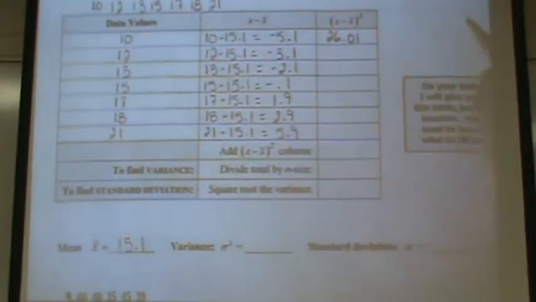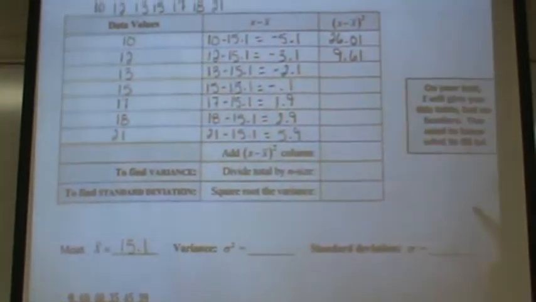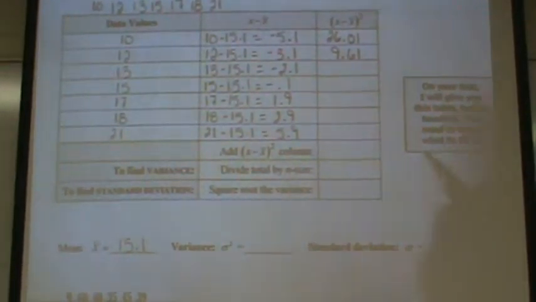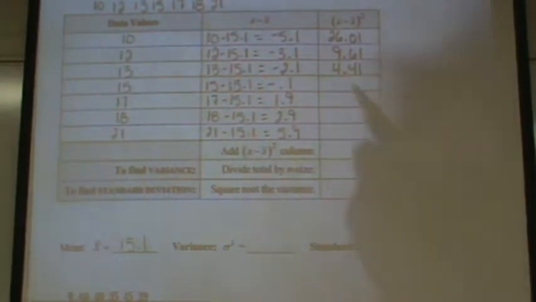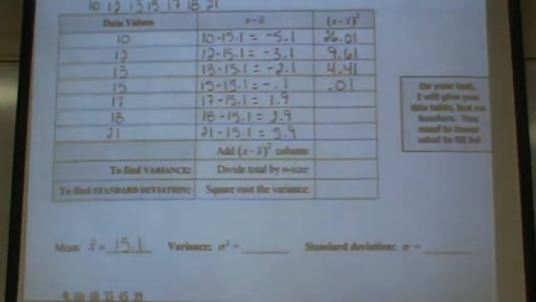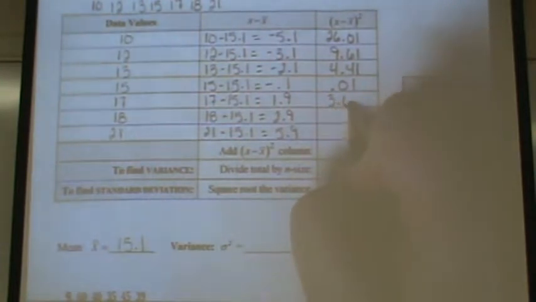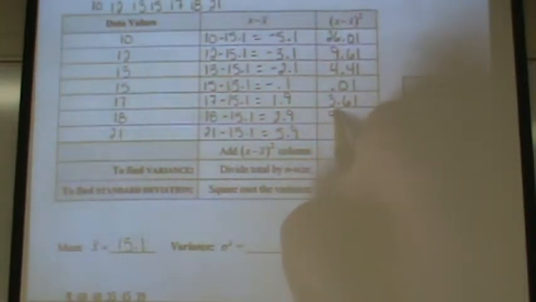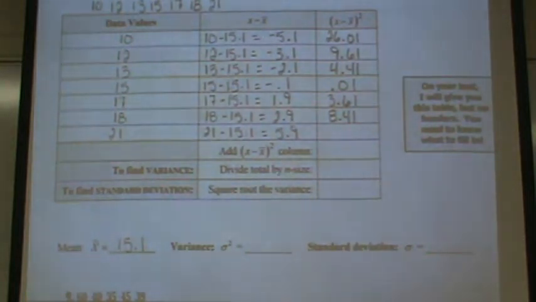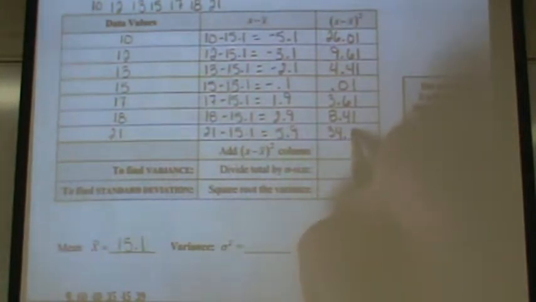So 5.1 squared is 26.01. 3.1 squared is 9.61. 2.1 squared is 4.41. 0.1 squared is 0.01. 1.9 squared is 3.61. 2.9 squared is 8.41. And finally, 5.9 squared is 34.81.